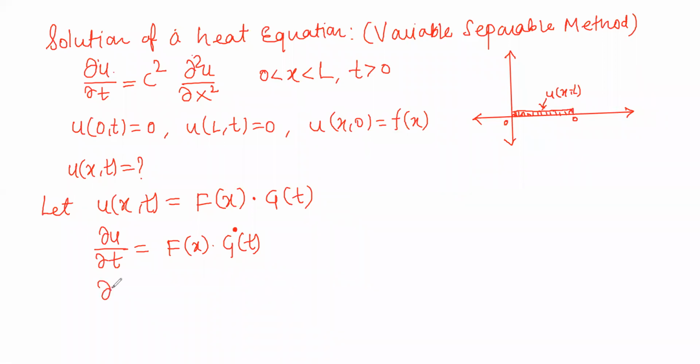Now let me differentiate with respect to x. I get del u by del x equal to f dash x times g of t, and then the double partial derivative gives me f double dash x times g of t.